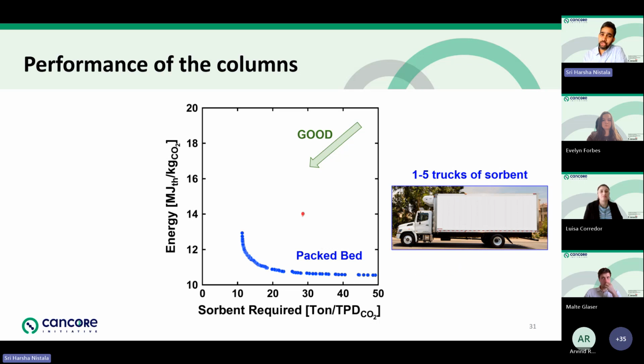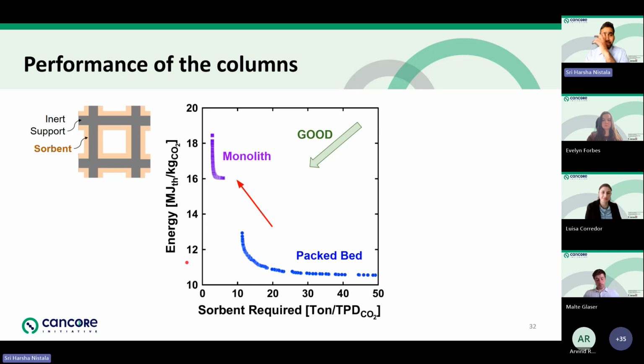And as you would appreciate, we would want to move to the lower quadrant of this graph, where the amount of sorbent required is low as well as the energy requirement is low. So let's see where the monolith kind of vessel falls on this graph. So we see when we go from a packed bed to a monolith, the amount of sorbent required reduced significantly, but the energy requirement also went up significantly by about 60%.